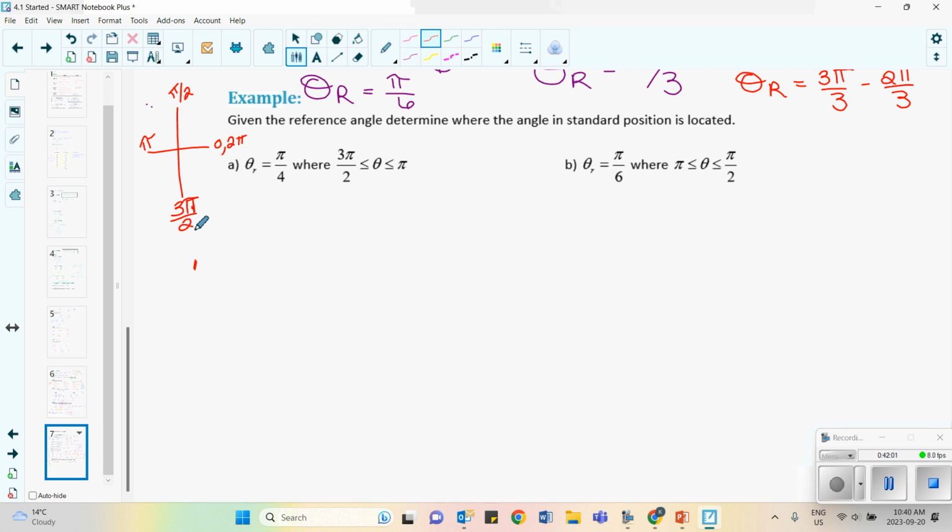Leave room on your forearm for the unit circle for your tattoo. It's going to be helpful for university and for this course.